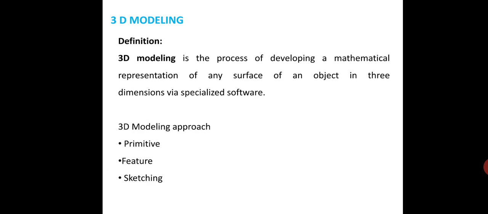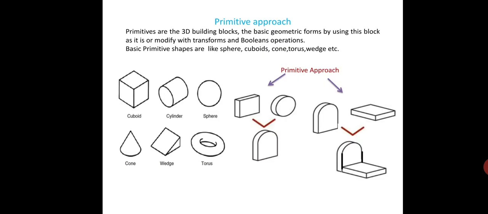The 3D modeling approaches are the primitive approach, the picture based approach, and the sketching approach. Let me see these one by one. Primitive approach. In this diagram, you can see primitives are the three dimensional building blocks, the basic geometric forms used as they are, or modified with transform and boolean operations.